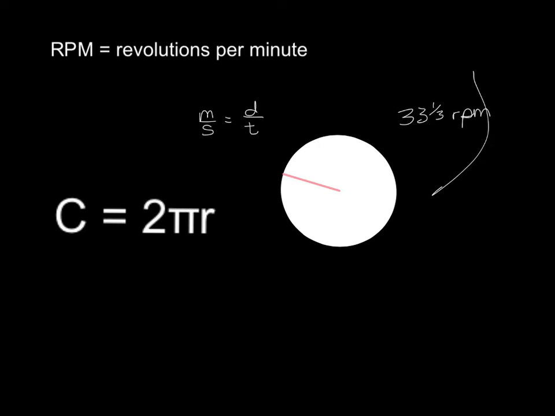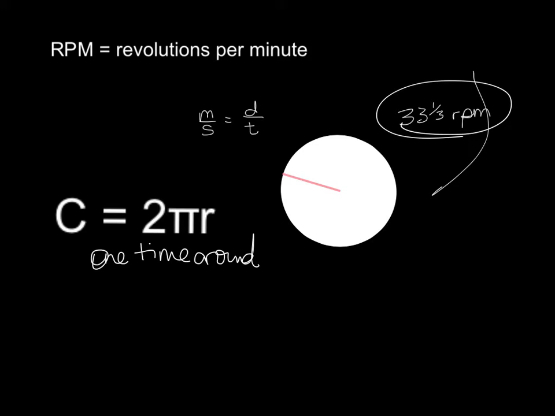So that would be the distance for one time around. This is one time around. So if I was going 33 and a third RPMs, I'm going 33 and a third times around that circle. Okay, and that would be my distance.